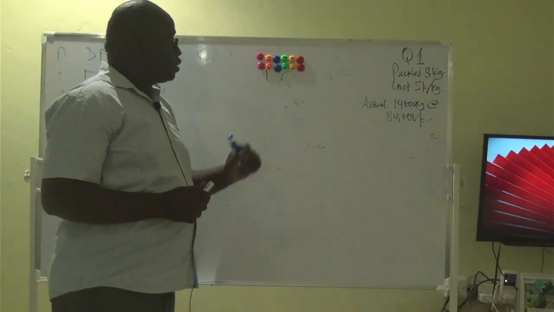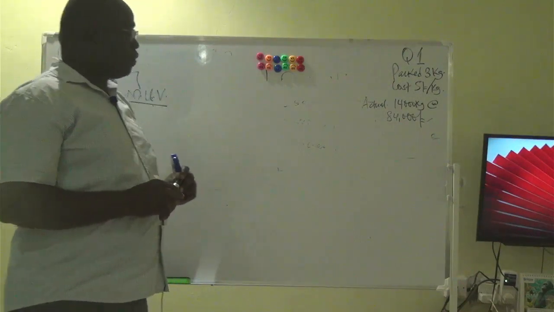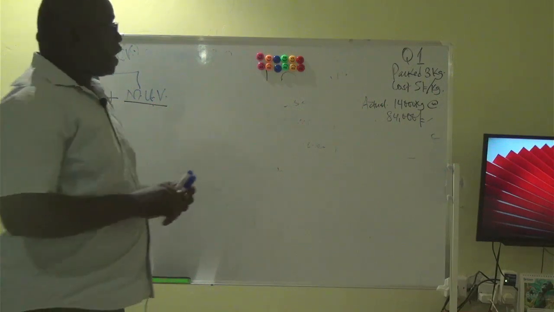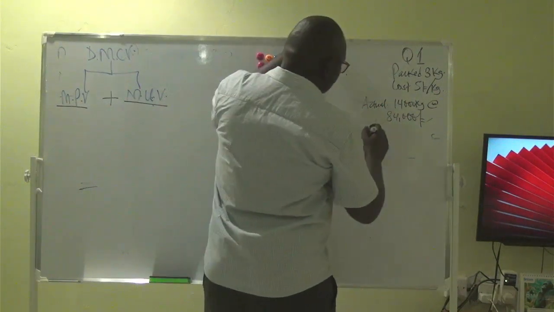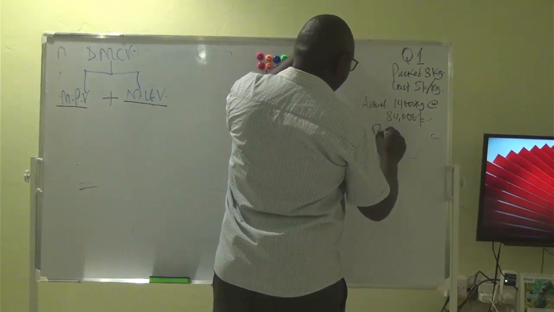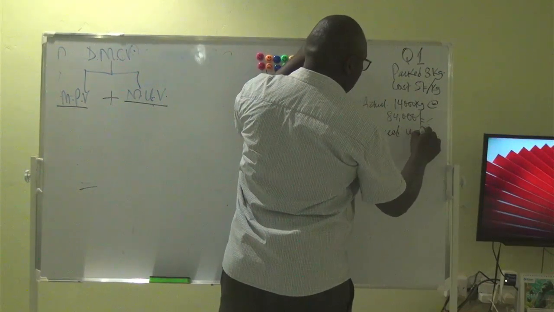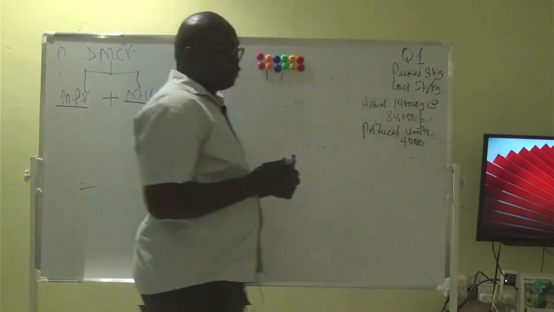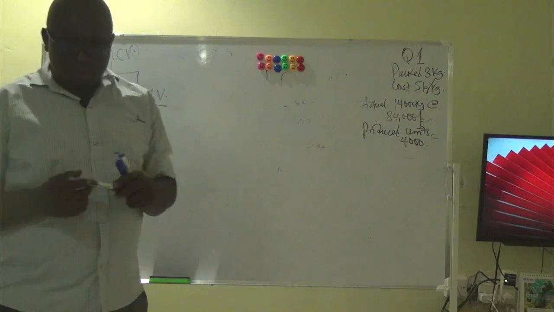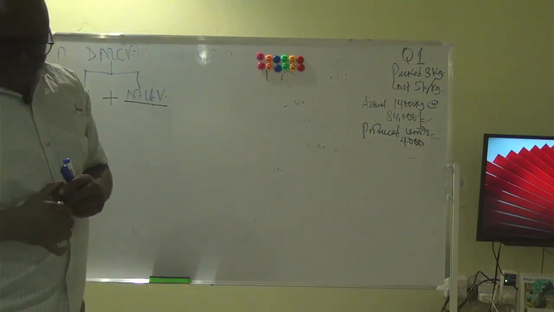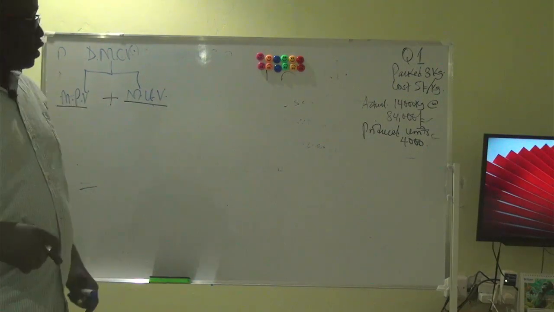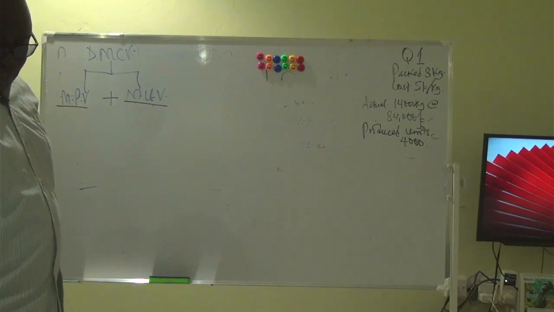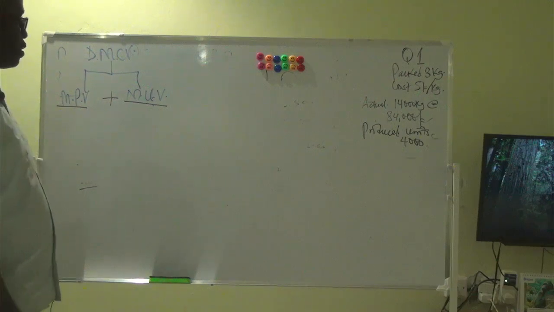After using 14,000 kilograms and spending 84,000 shillings, the units actually produced were 4,000 units. You are required to calculate the material cost variance.